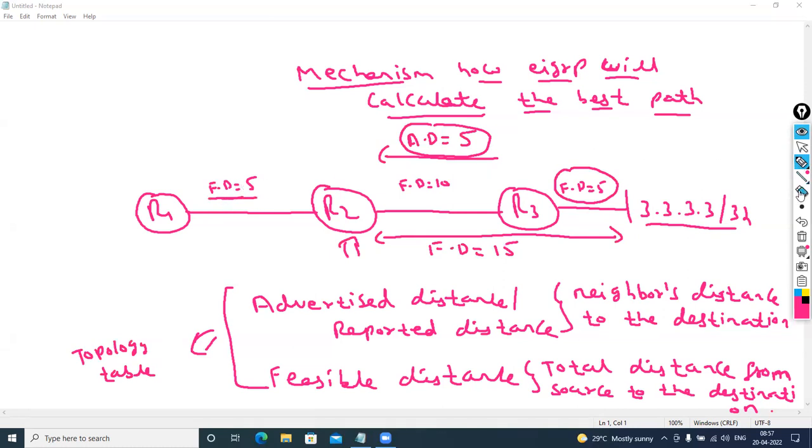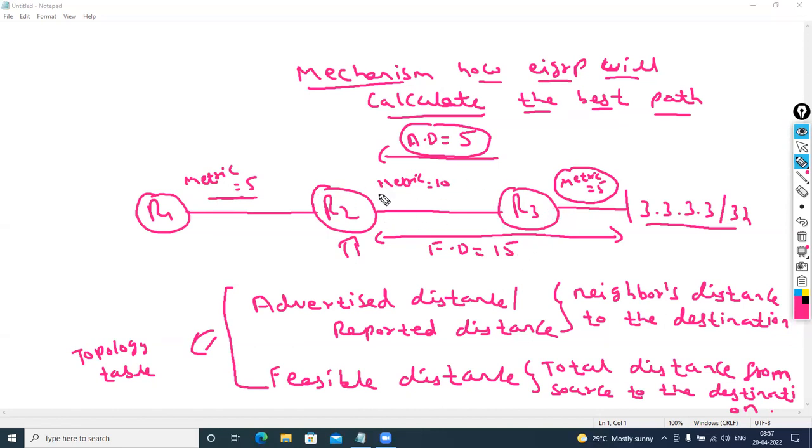Okay, remove this FD and call it metric.